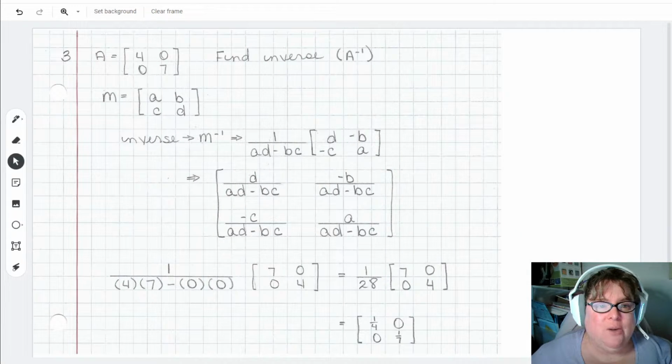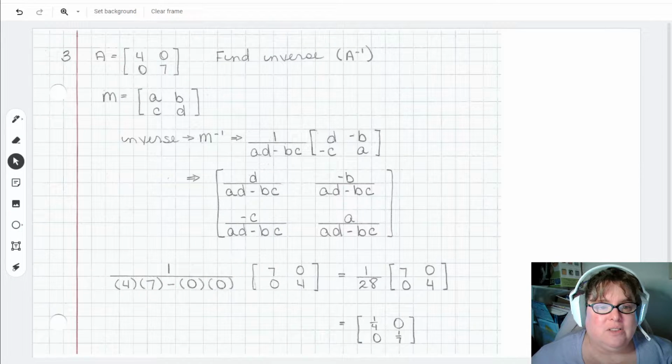So we start out with our matrix A, 4, 0, 0, 7, and we need to find the inverse, which is written as A to the negative 1. That's just a way to write this. It's not like you say 2 to the negative 1.